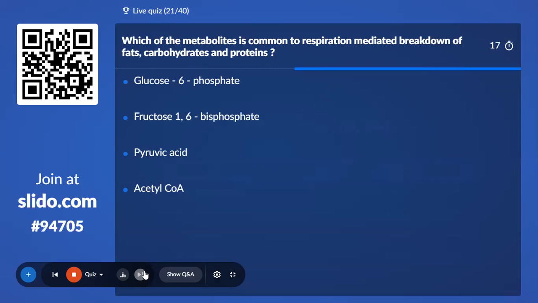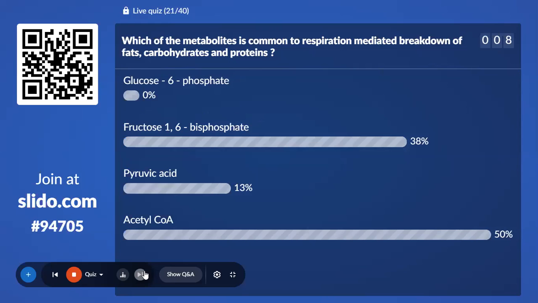Option A, glucose 6-phosphate; fructose 1,6-bisphosphate; pyruvic acid; and acetyl coenzyme A. 7 seconds remaining. 50% with acetyl coenzyme A, and we have the correct answer as acetyl coenzyme A.